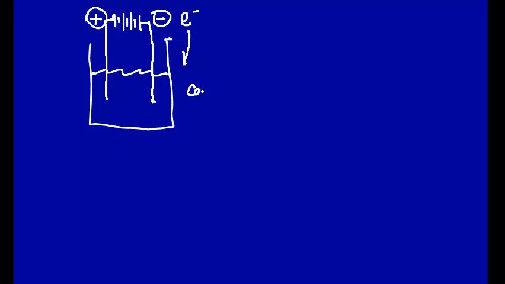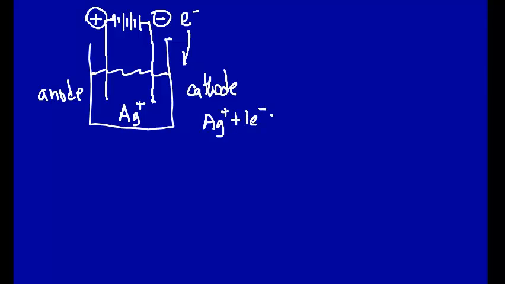This is the cathode. And just for example, let's take something over here. This will be the anode. And for the cathode, let's put some, say, silver ions here. At the cathode, the silver ions, Ag+, will take up 1 electron to be reduced to metallic silver.